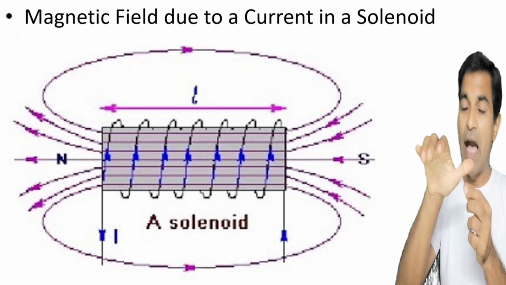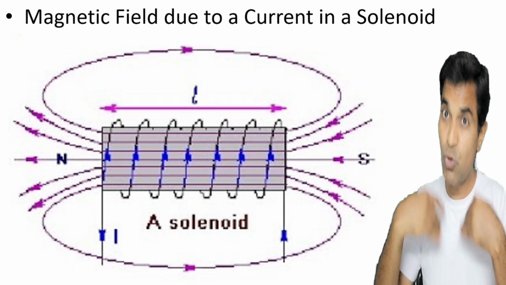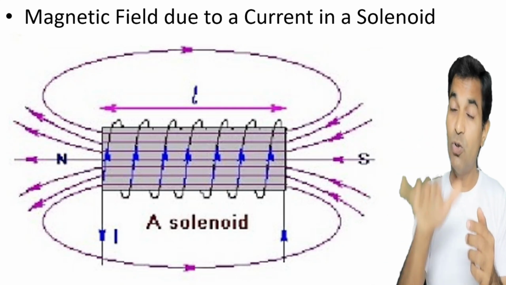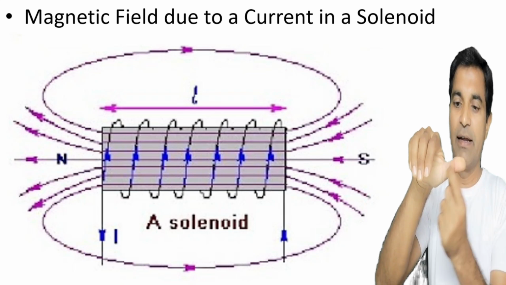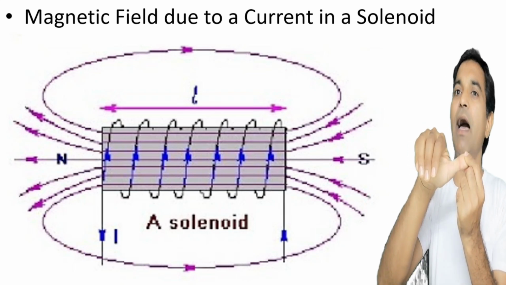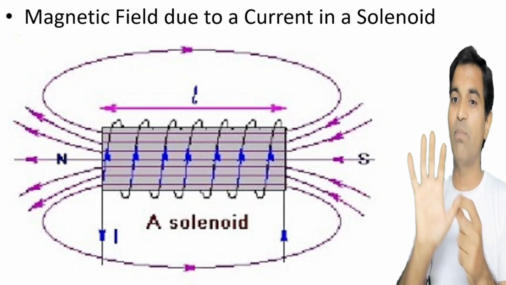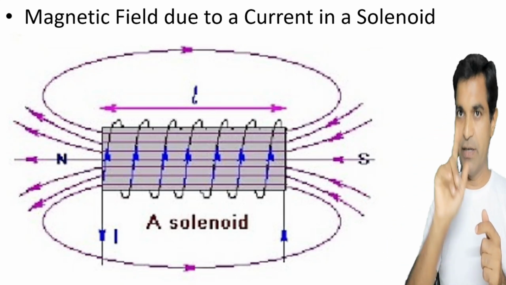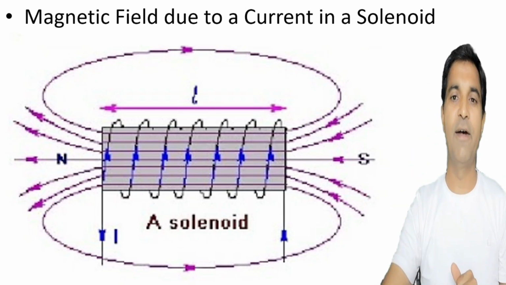Then the direction of the magnetism induced due to this current will be given by the right hand thumb. This will represent the N, that is the direction of the magnetic field which will emerge from this solenoid. So here also you will have to use the right hand.